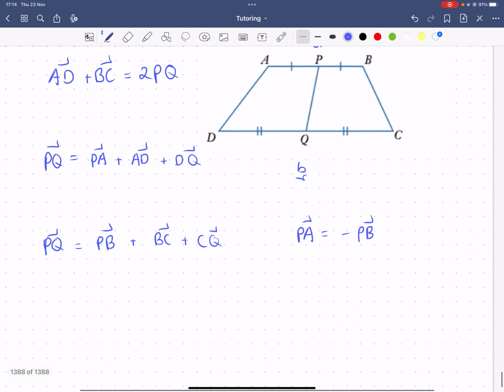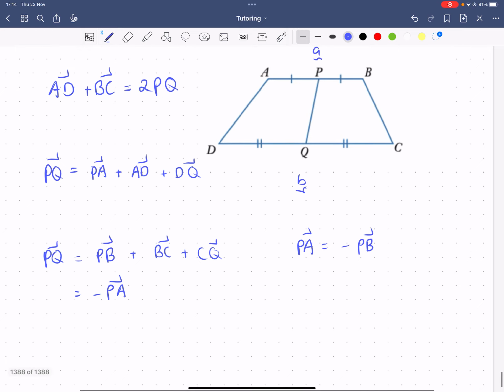So the second expression becomes minus PA plus BC plus CQ, and CQ is equal to minus DQ.